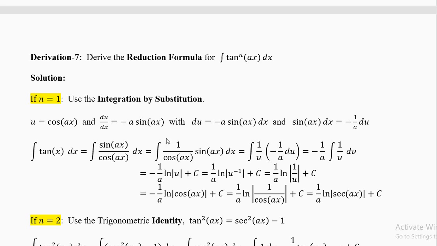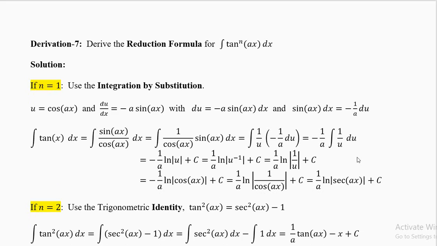But when we sit down to write it, the minus is there, the 1 over a is here, and you will get 1 over u into derivative of u, and you'll get 1 over u bracket minus 1 over a du, because sine ax dx is minus 1 over a du. This minus 1 over a will come out, you will get 1 over u.